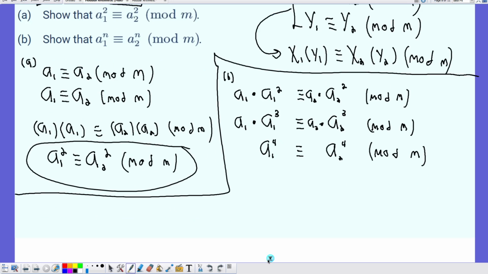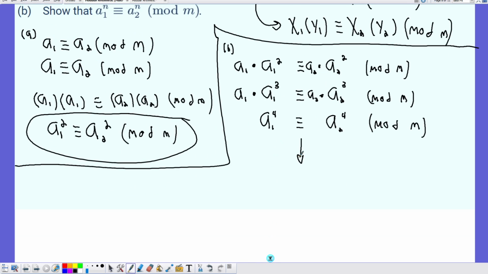And this process is just going to repeat itself until we have a1 to the n minus 1th power, which would be congruent to a2 to the n minus 1th power mod m. We can just do this process infinitely, achieving higher exponents indefinitely, until at last we arrive at a1 to the n minus 1 and a2 to the n minus 1.